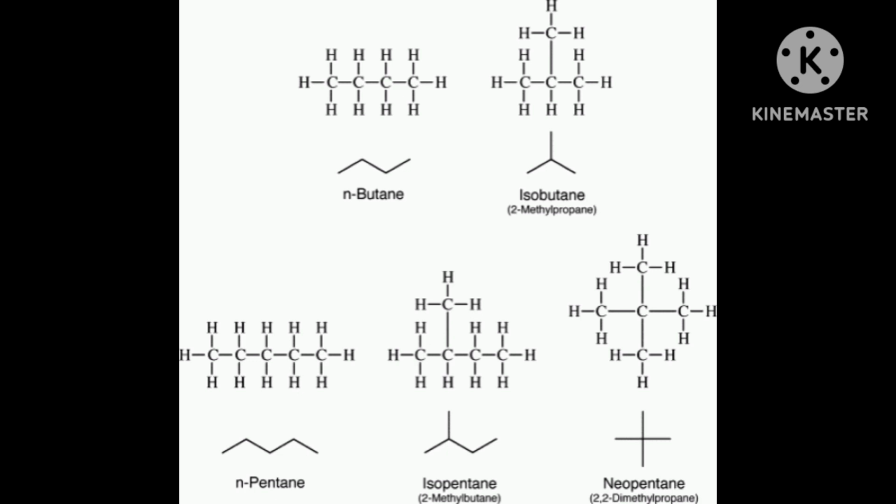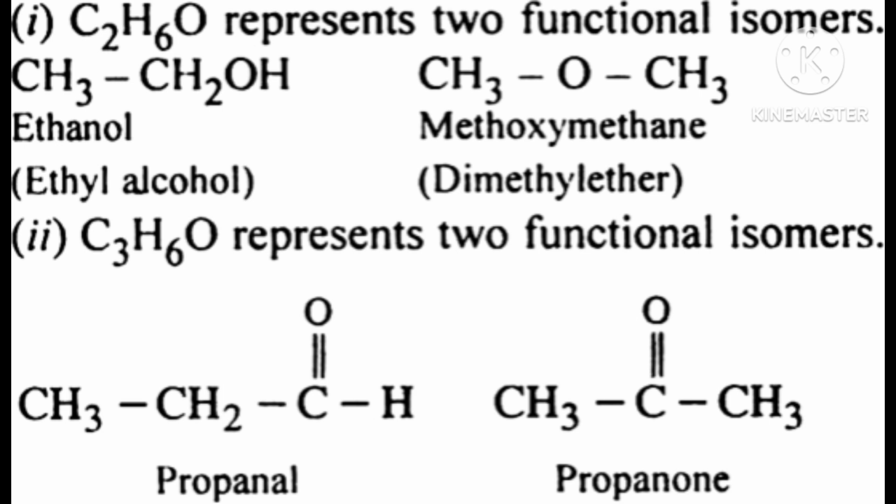Carbocations are classified as primary, secondary and tertiary depending on whether 1, 2 or 3 carbons are directly attached to the positively charged carbon. If attached to 1 carbon, then primary.